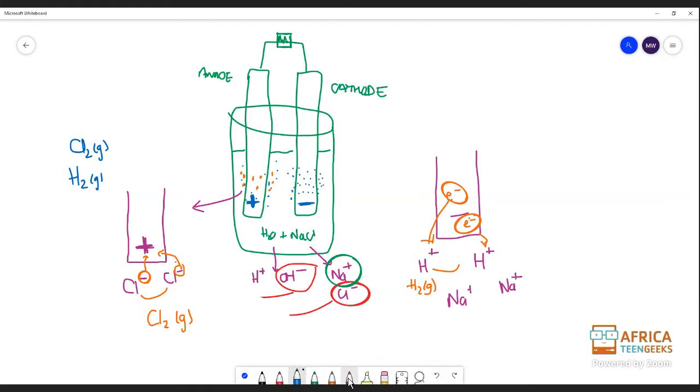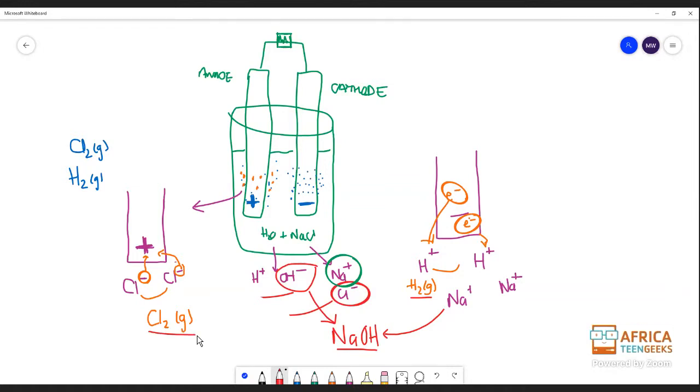What ends up happening is, because you still have your OH negative over here and you have your Na plus, those two are going to come together and form your sodium hydroxide base. So they bond together to form a base. Your protons come together to form a gas. Your chlorides come together to form a gas.